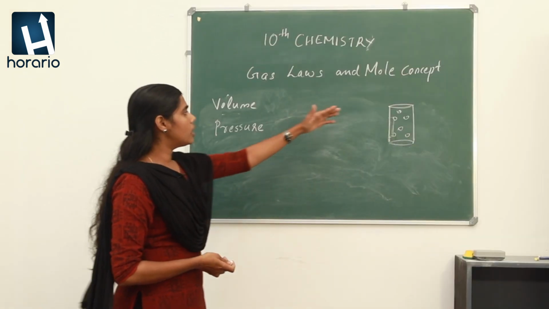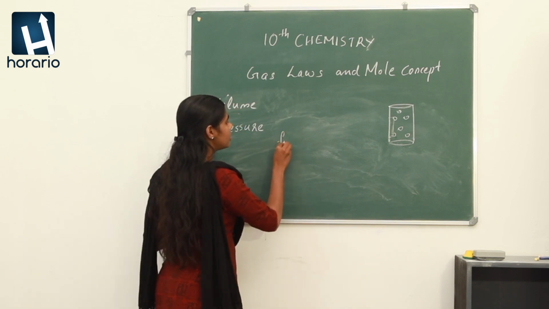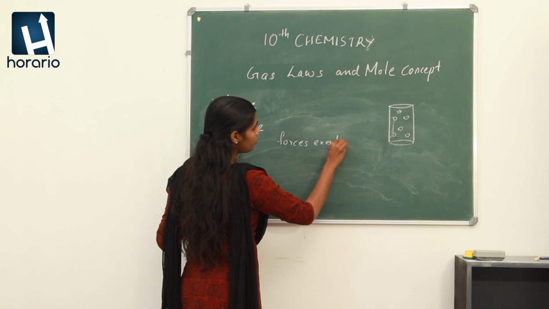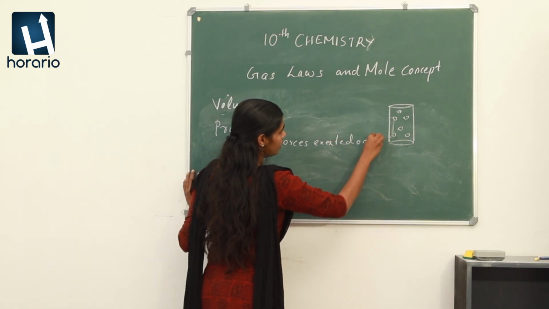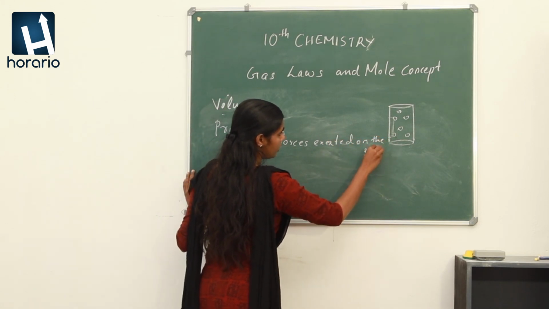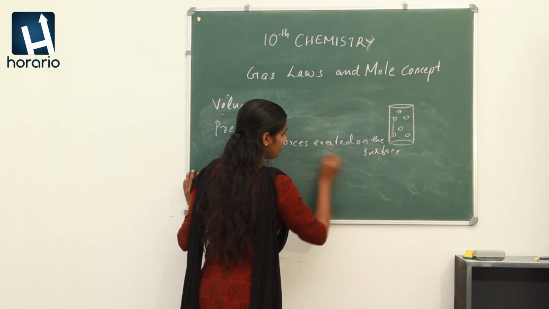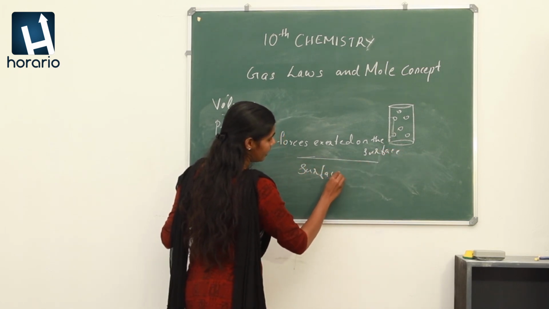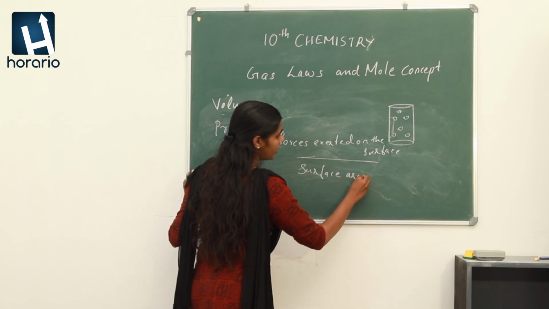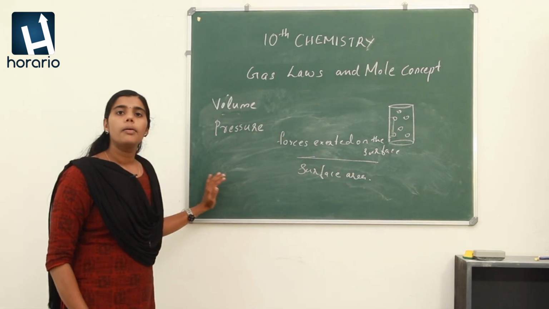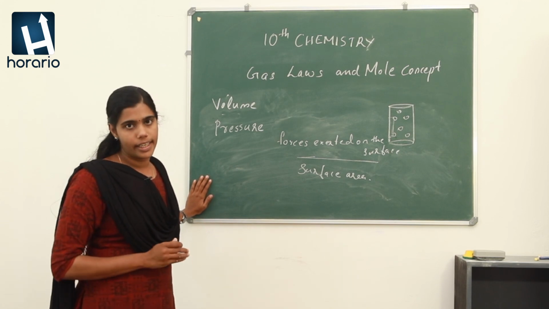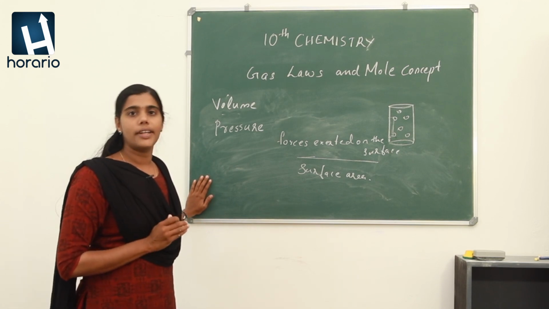So, if we know the force exerted on the surface and the total surface area, we can calculate the force exerted on a unit area. That is what we call pressure.